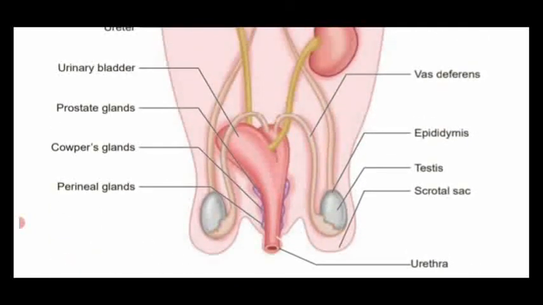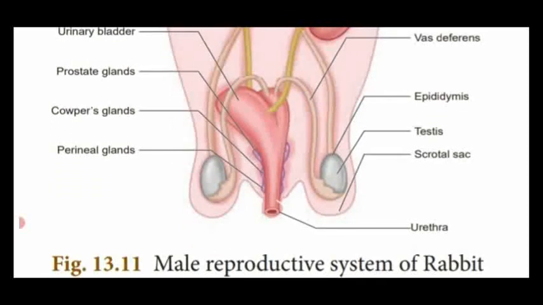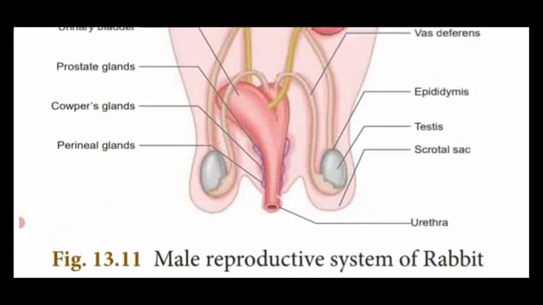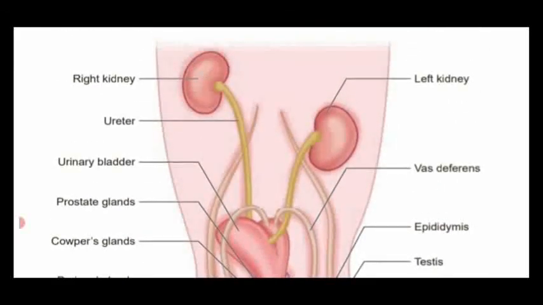It consists of fine tubules called seminiferous tubules, leading to the epididymis. The epididymis forms the vas deferens, which opens into the urethra just below the urinary bladder. The urethra runs backwards and opens into the penis on the ventral side of the body. That is the male reproductive system of rabbit.